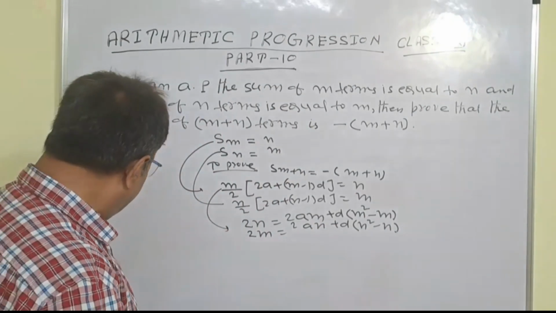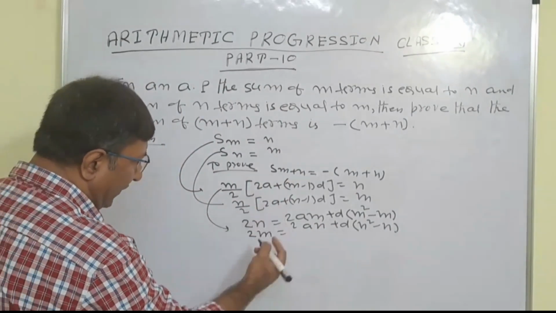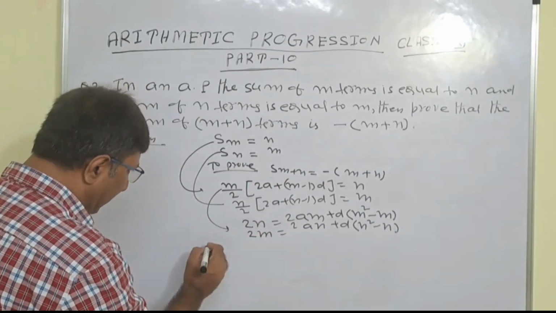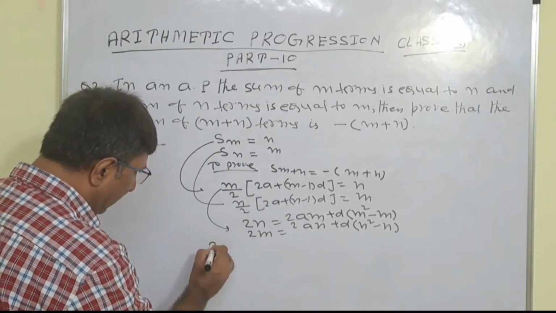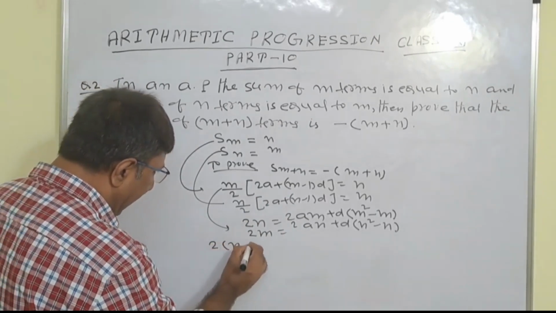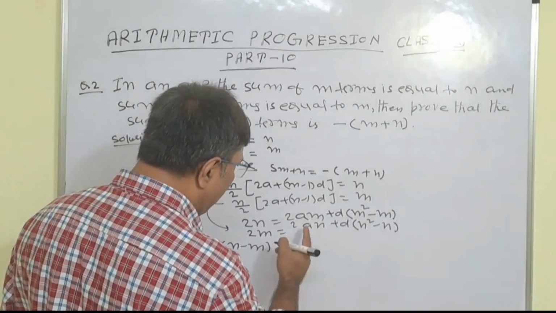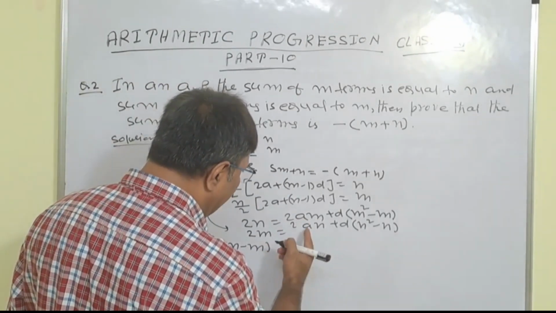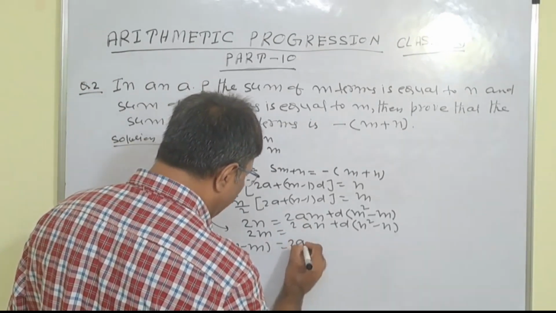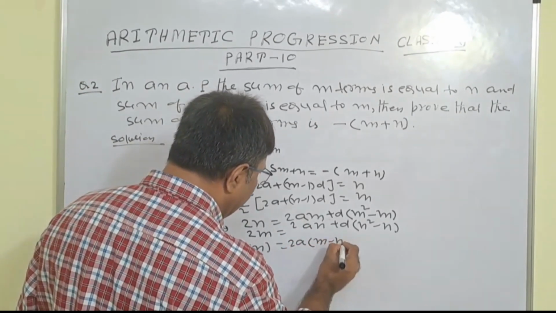Now you can find here the difference of these. If we are taking the difference, that is 2 common, (n minus m) equal to what? Here we can write 2am and 2an common, so we can write 2a(m minus n).